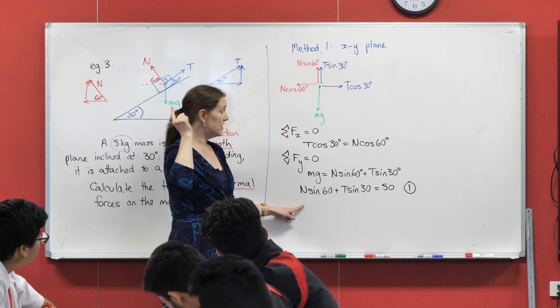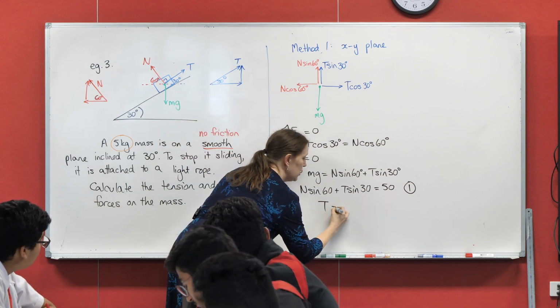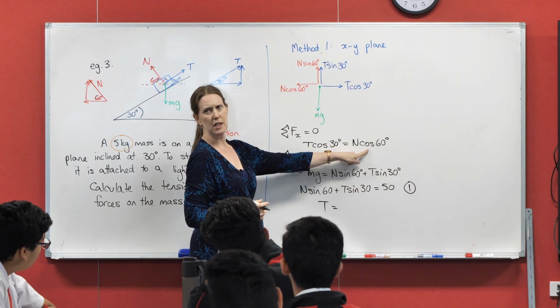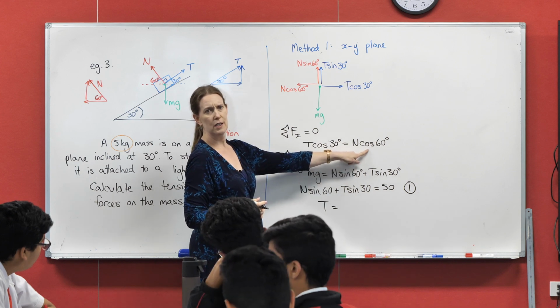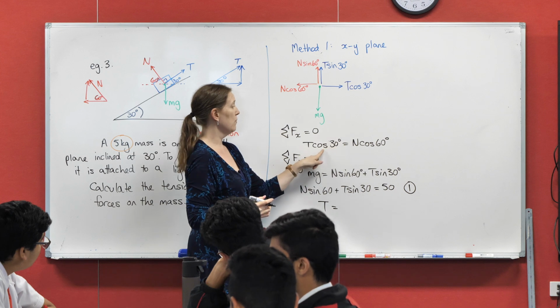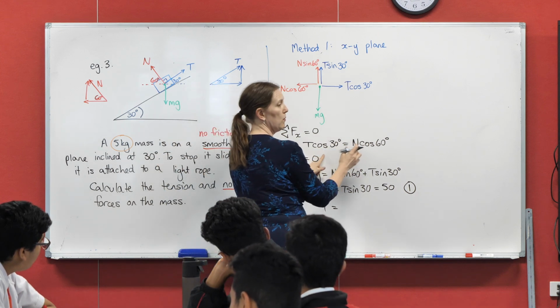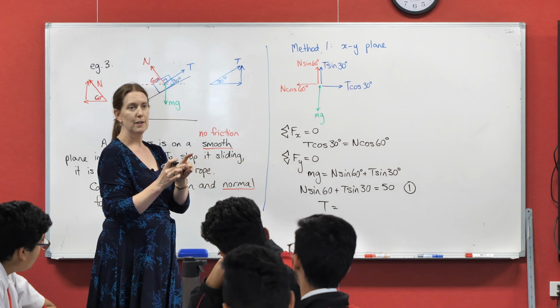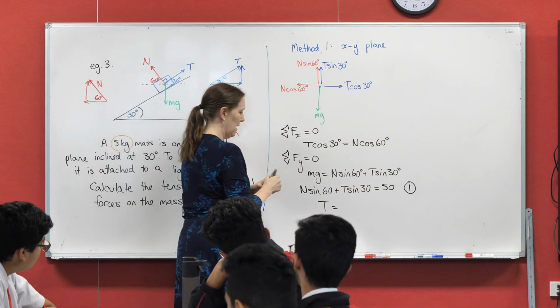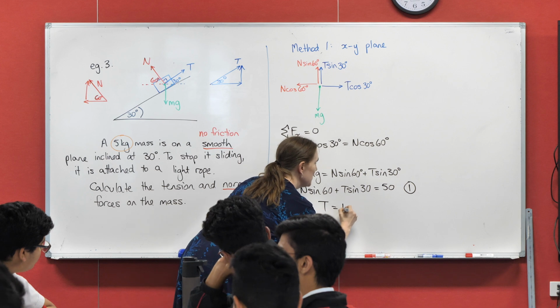Change to T. Now, can you guys find out what's cos 60? What is it? Half. And what's cos 30? Root 3 on 2. So what's a half divided by root 3 on 2? Let me write it up. We'll do this first.